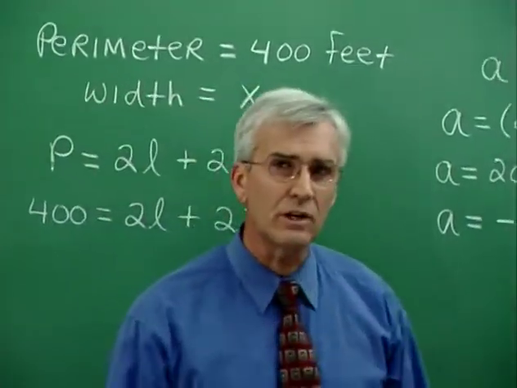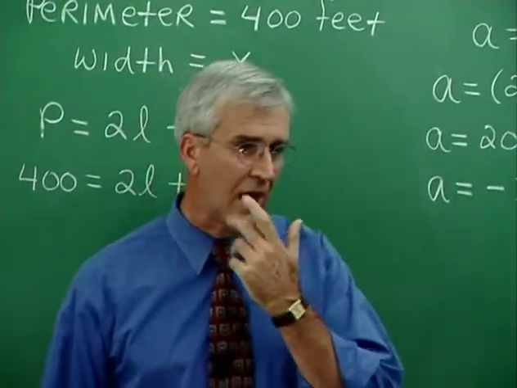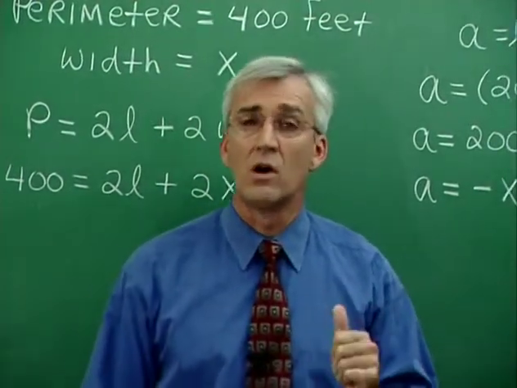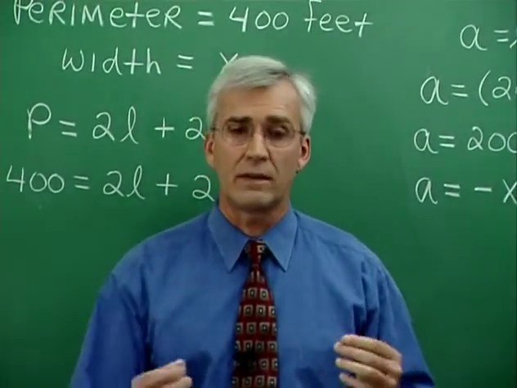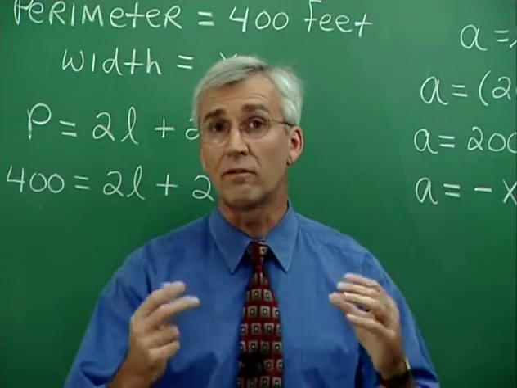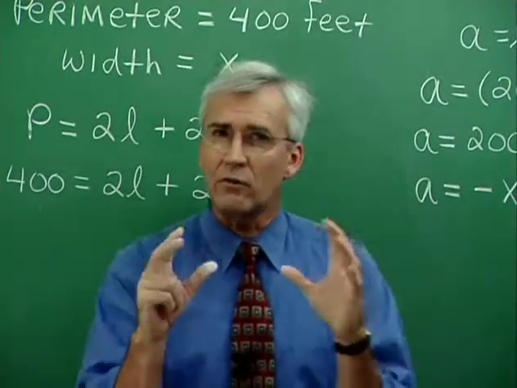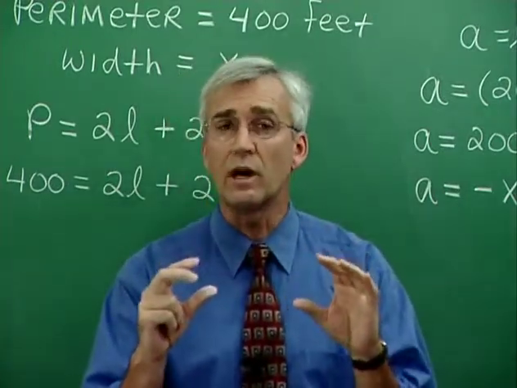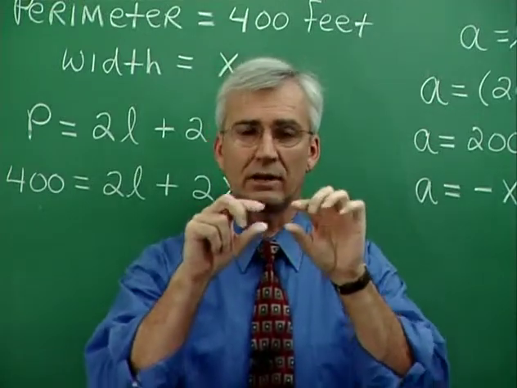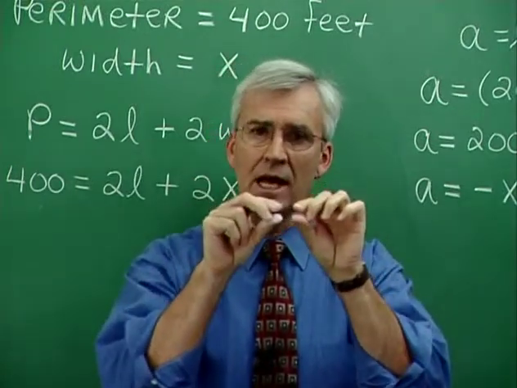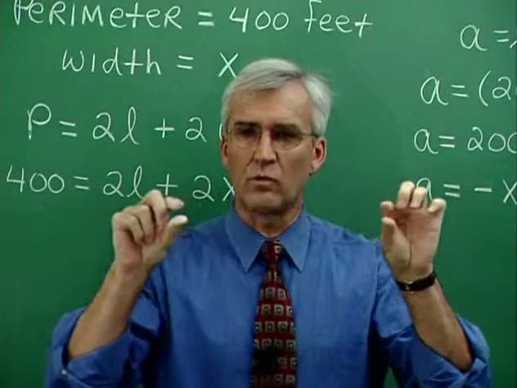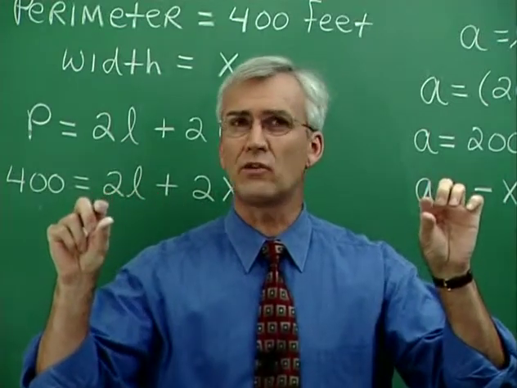But let's understand what we're trying to accomplish here and the nature of the problem. We're given the idea that a rectangle has a perimeter of 400. Now, there are a lot of rectangles that have perimeters of 400. We could think of a rectangle that is incredibly thin, and whose length would be very near 200.